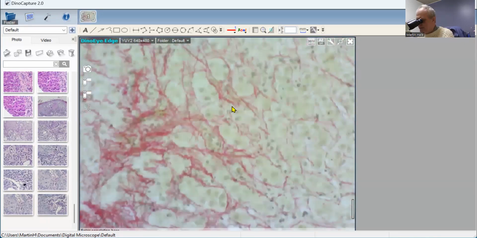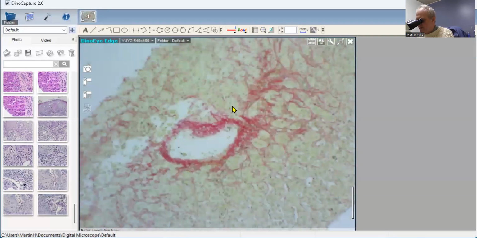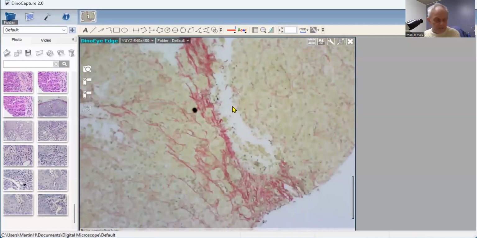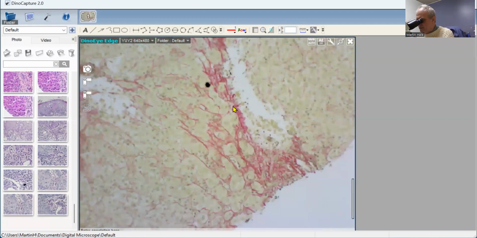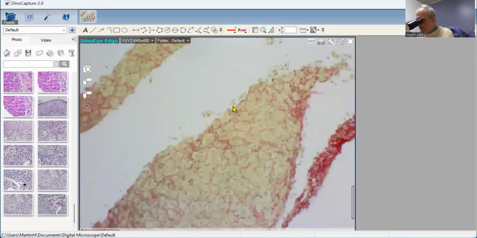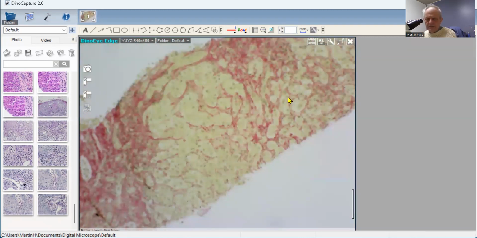So now one has to say to ourselves, could this be alcohol or could it be drugs, such as amiodarone? The patient is 53. He's of an age where he could be on medications such as amiodarone. And then we look down here and we can see once again this chicken wiring that's now starting to become quite apparent.